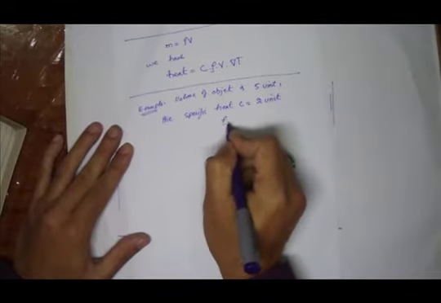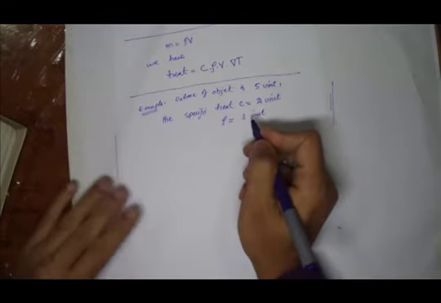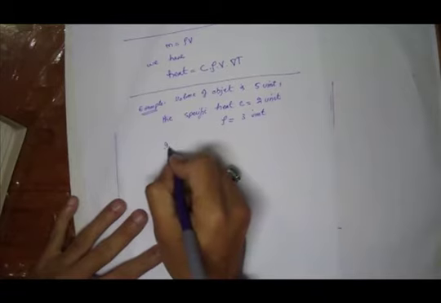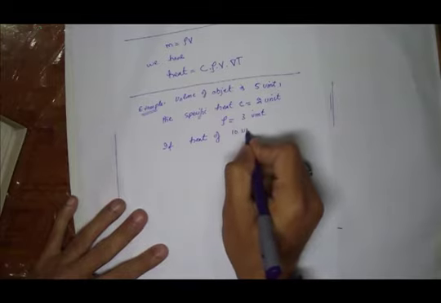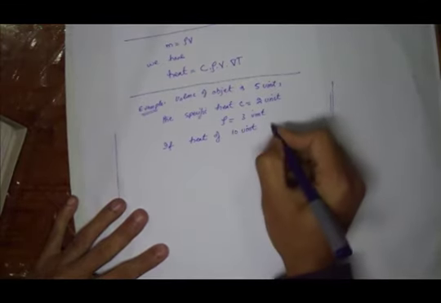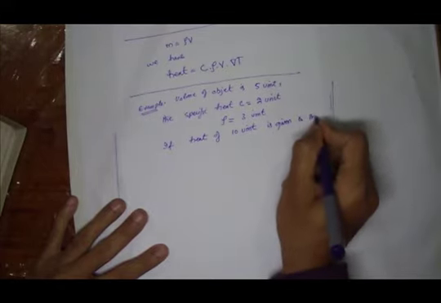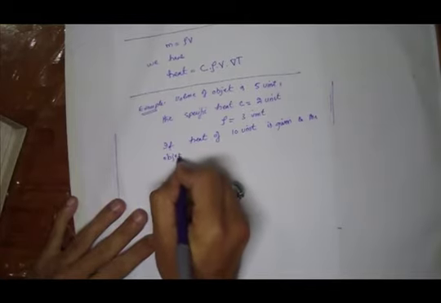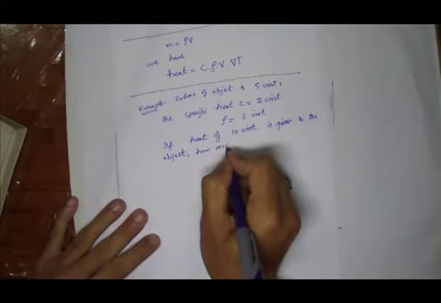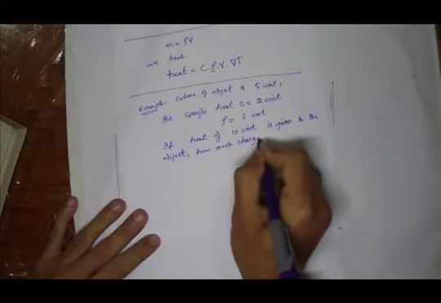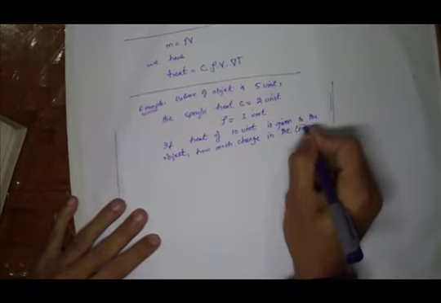The density of the object rho is 3 units. If heat of 10 units is given to the object, how much change in the temperature will occur?